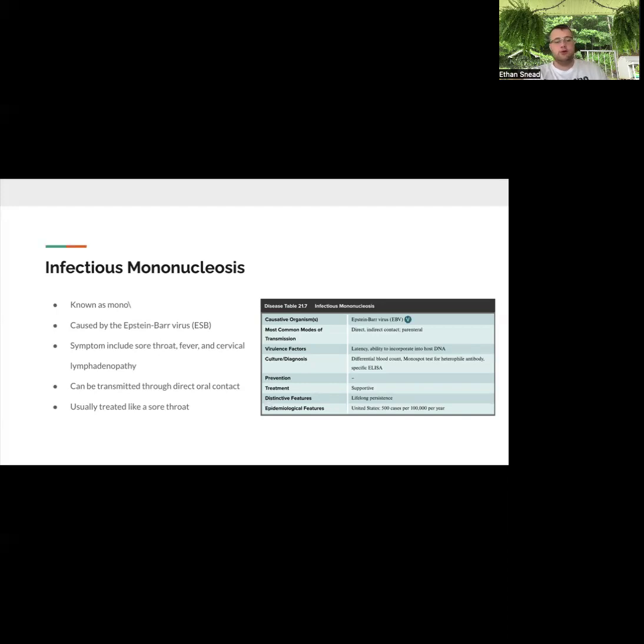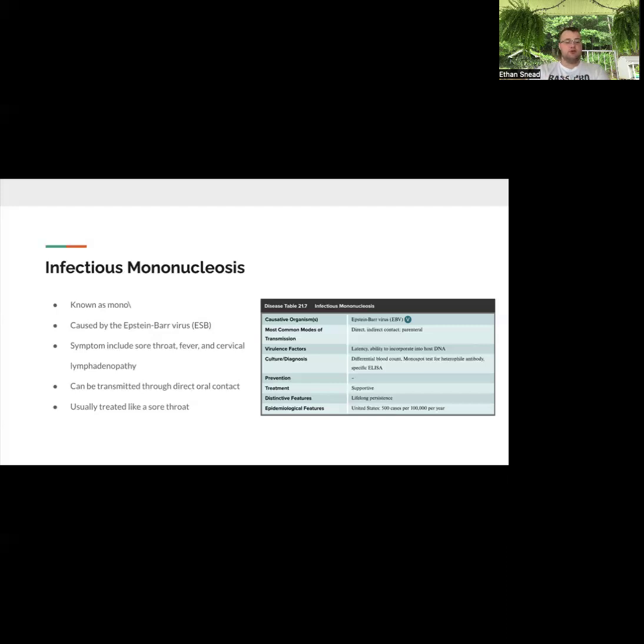Symptoms include sore throat, high fever, cervical lymphadenopathy, sorry if I mispronounced this, which develop after a long incubation period that can take 30 to 50 days.